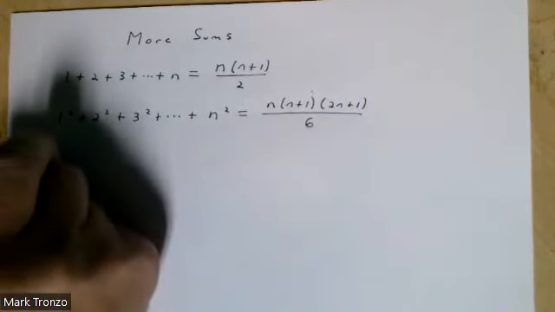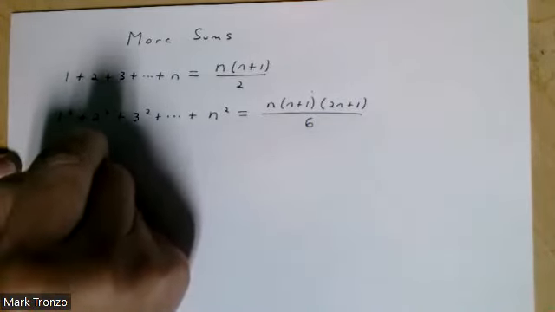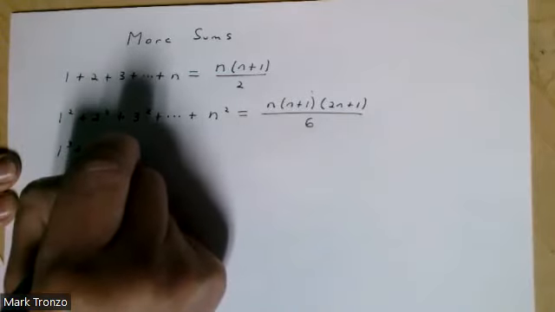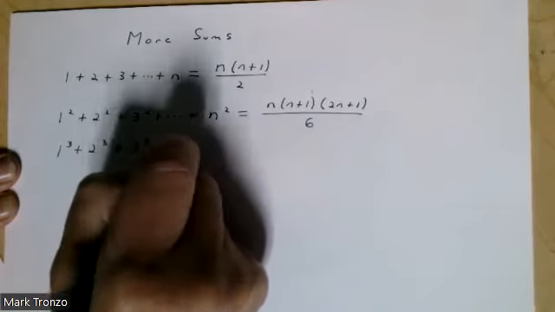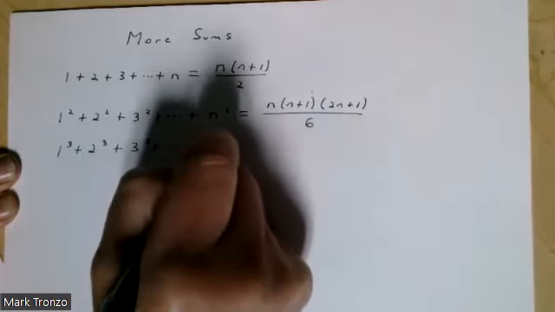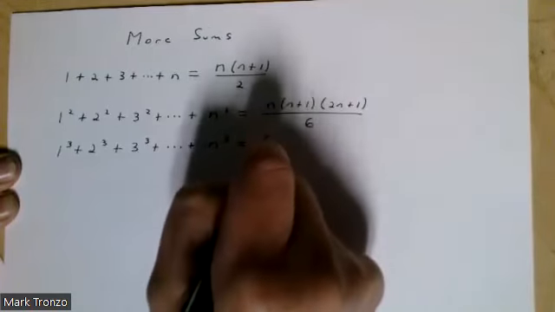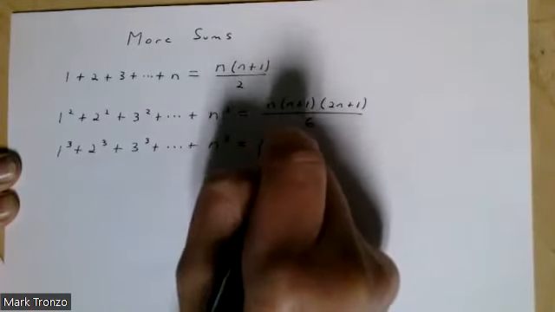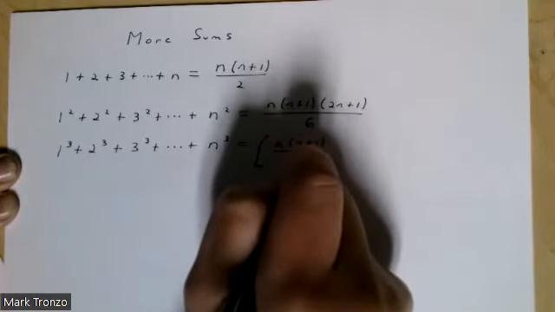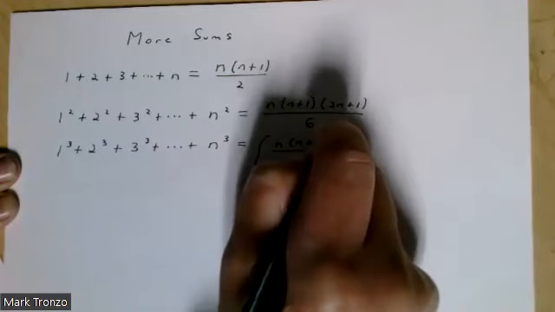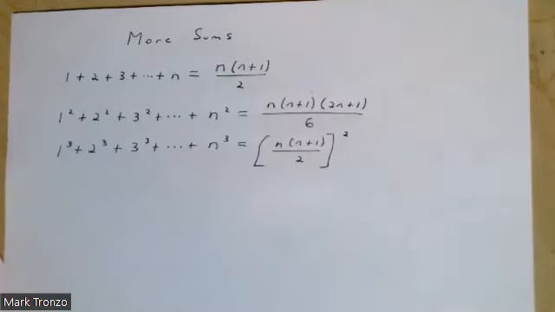If you're summing cubes, and you're summing up to n, that's going to be n times (n plus 1) divided by 2, squared.